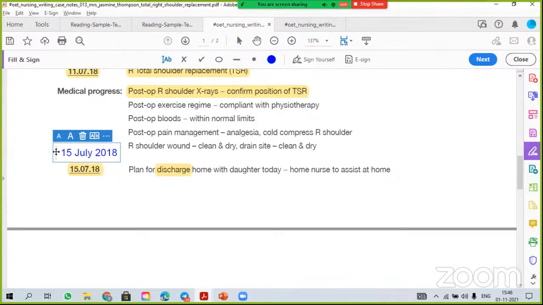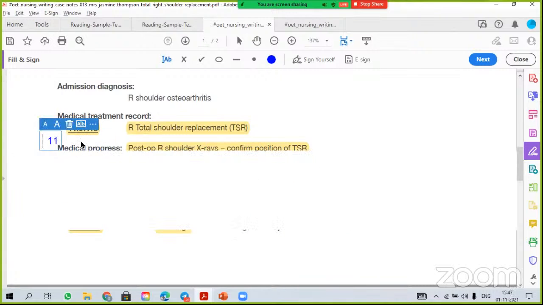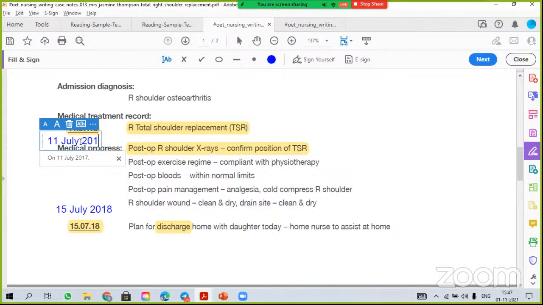Here 18 is there, so you cannot write 18. You have to write 15 July 2018. Like this, you have to change this one. And here also, you have to write 11 July 2018. Like this only you have to write. You cannot do any changes to this.